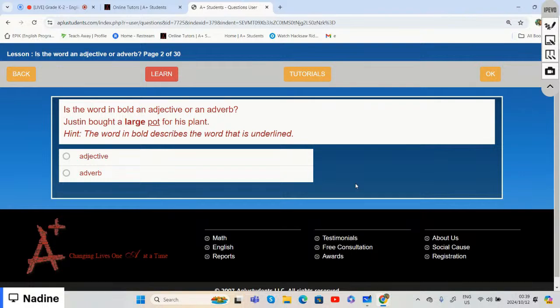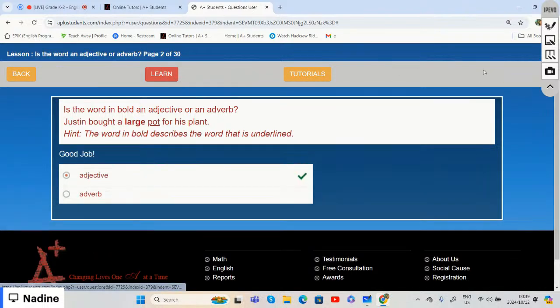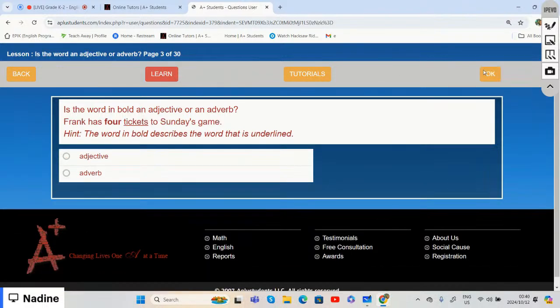If we were to select the correct answer, we can say it is an adjective, because with large, we describe the pot. It can either be a large pot, a small pot, a big pot, right?